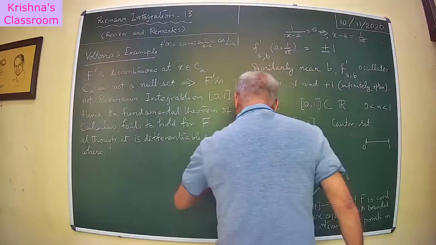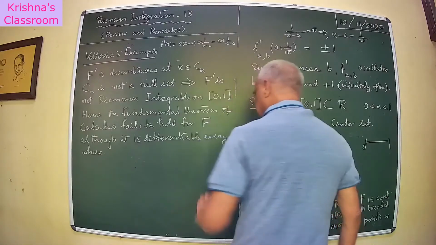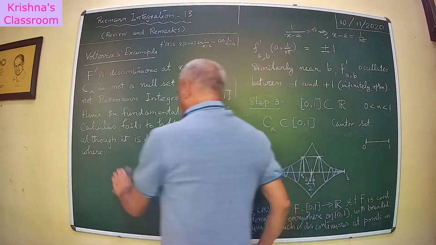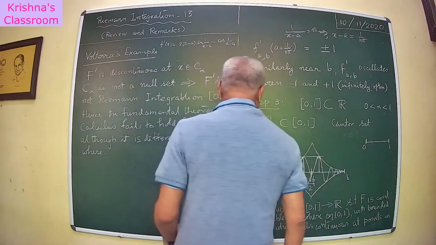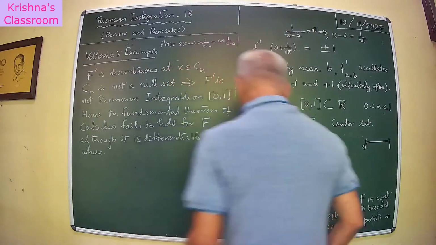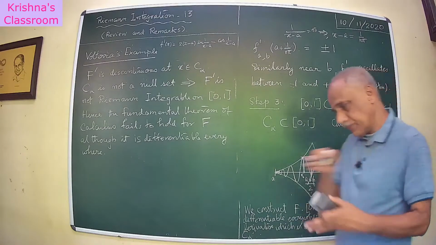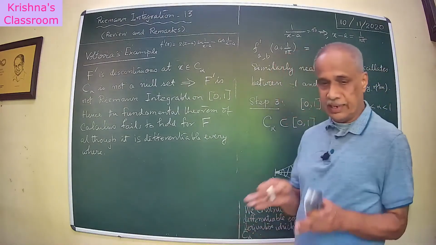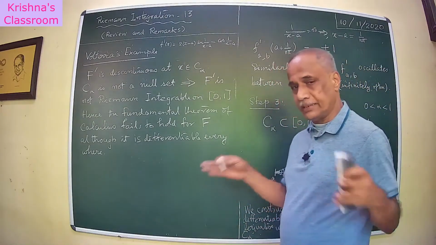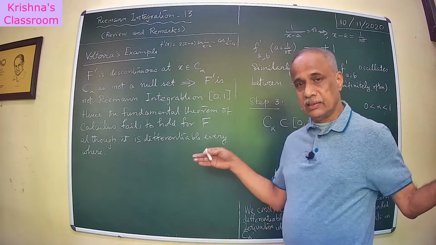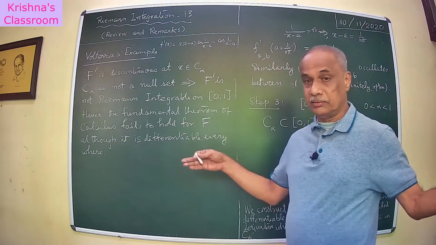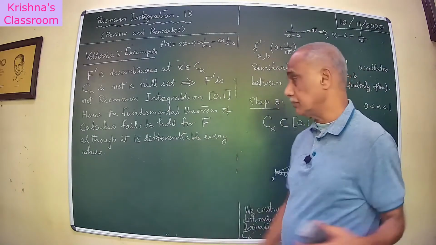Going through the process, this function has been constructed by patching up different functions. Now we will explain how we patch up these functions to get the function defined on the interval 0, 1.